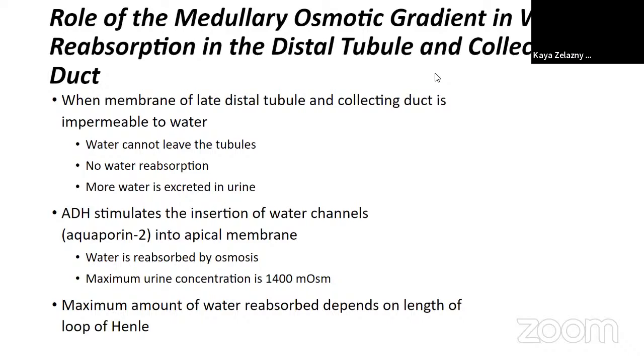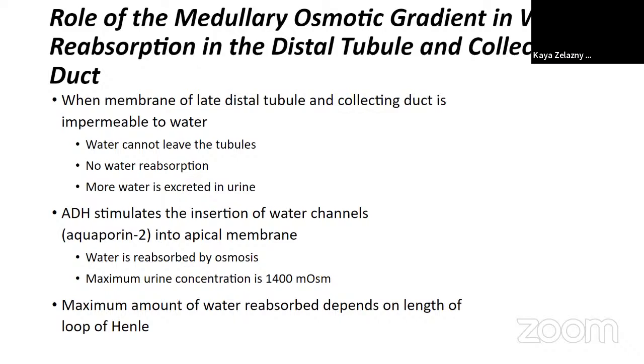And when we do have ADH, we do have this hormone present, we insert the aquaporin 2 channels into the apical membrane. And this means that water can flow all the way across the cell. So it flows into the cell, and then because that aquaporin 3 on the basal membrane is always there, into the plasma.